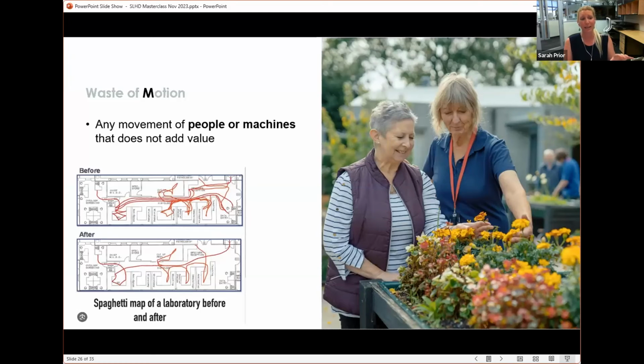So I'll just put a spaghetti diagram up on this slide. It's a really good way to visualise the waste of motion by tracking people as they're walking to wherever they need to go. So you can see in the top one there, the before, after change, there was much less waste of motion.